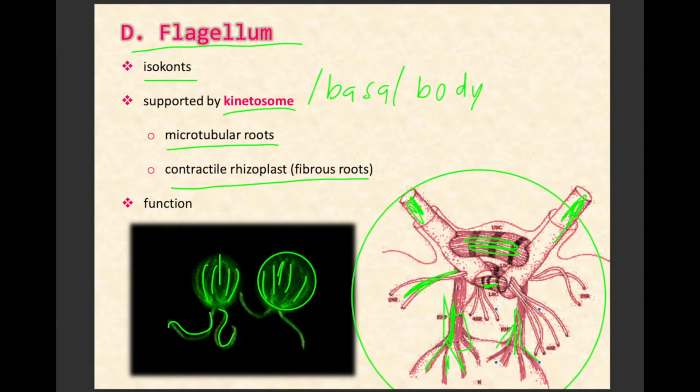It serves as a connection of your outer flagella to the nucleus of the cell right here, so they can have an intimate connection with each other. So it serves more as control, or connection to the nucleus. That's your contractile rhizoplast. The fibrous root and the microtubular roots are here, and here. These two here. Okay, so that's that.